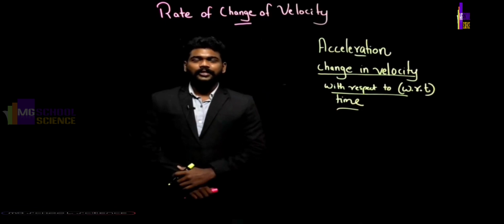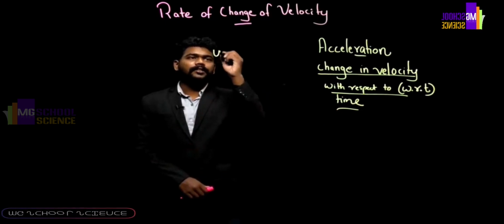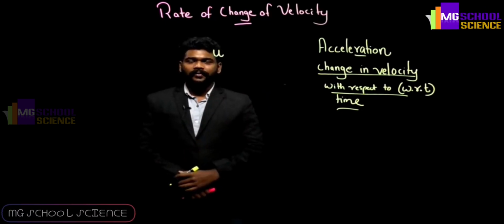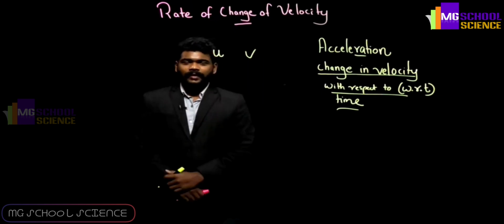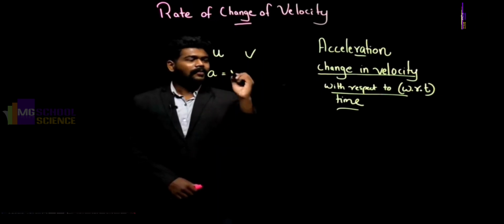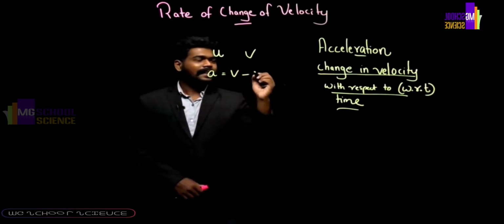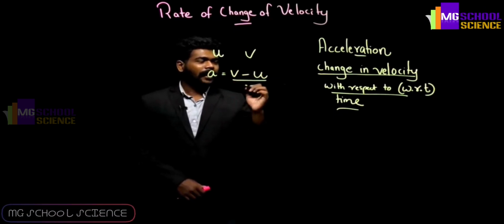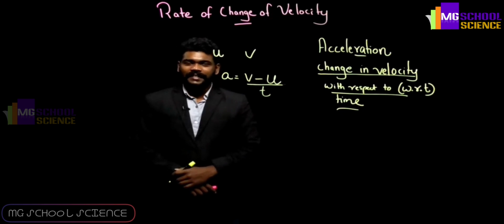Consider an object which started moving with an initial velocity u and ended up with a final velocity v. Then we can define the acceleration a as the final velocity minus the initial velocity, divided by the time it takes to change its velocity.